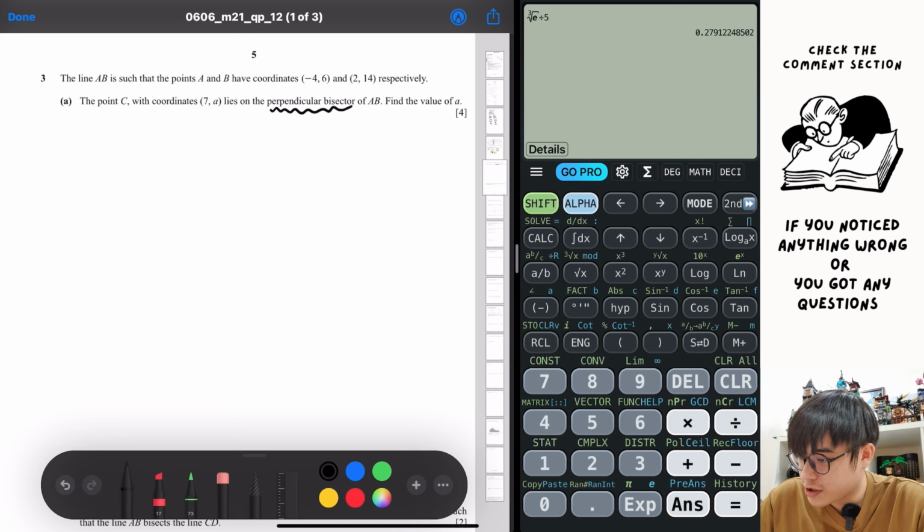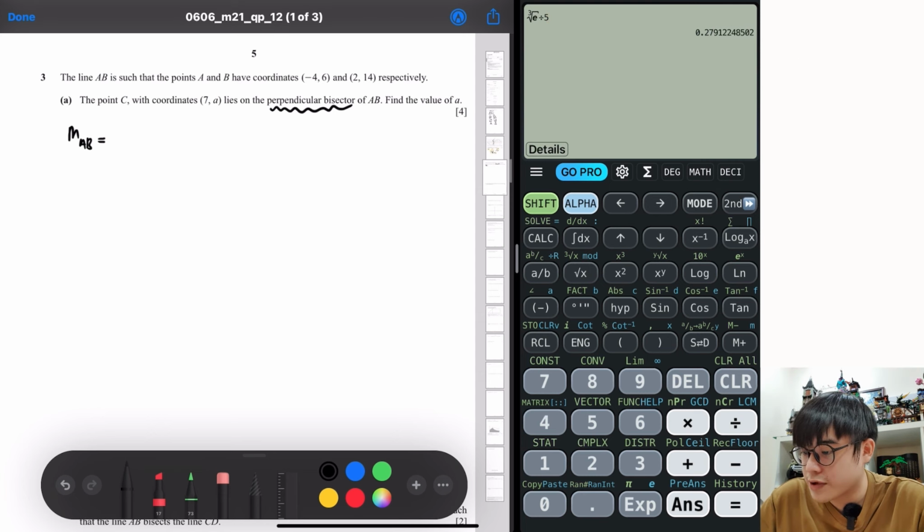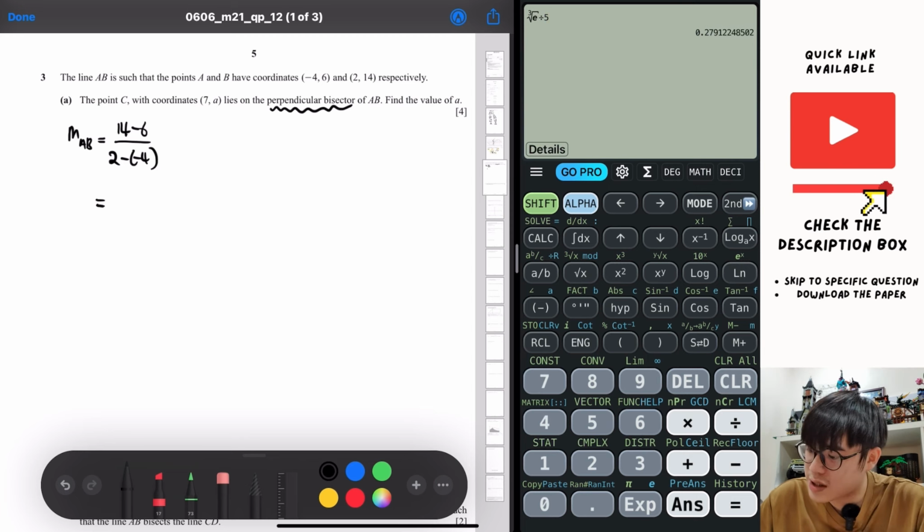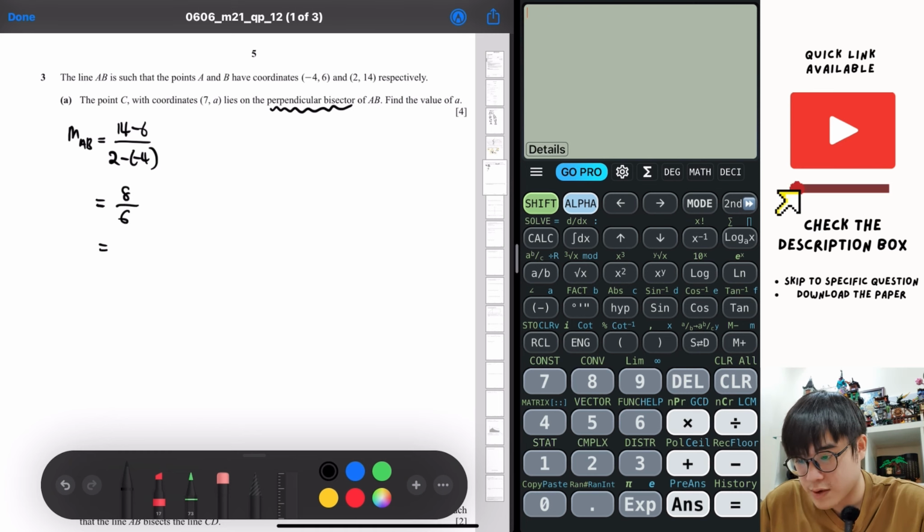So the gradient calculation here goes by y2 minus y1, which is your 14 minus 6 over 2 minus -4. So through this calculation here, you will get your results, but remember, they're referring to perpendicular bisector.